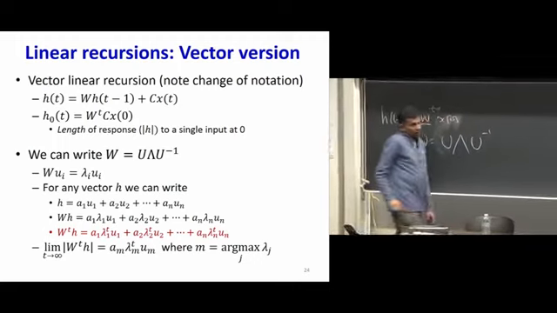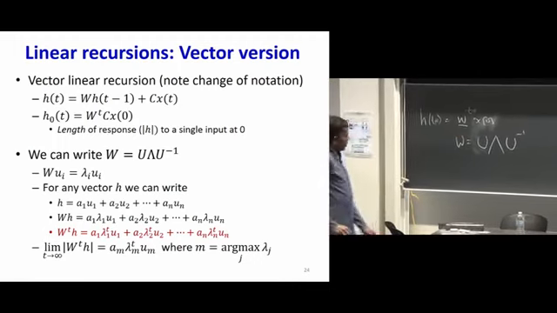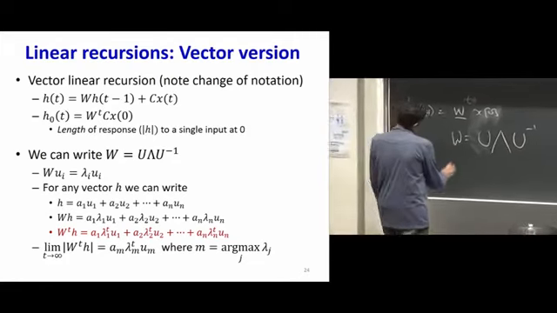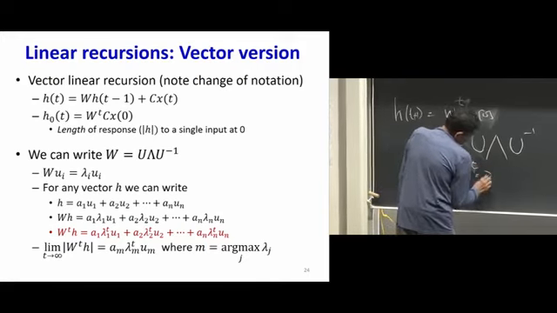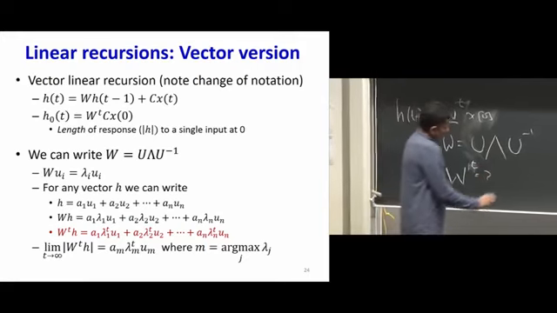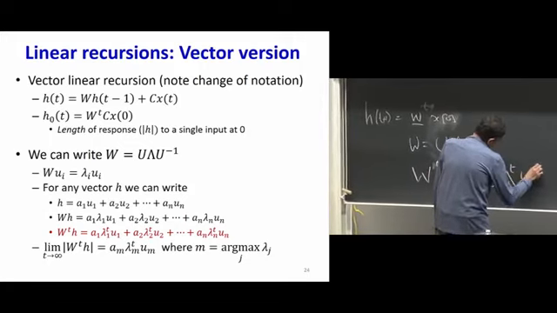It's transpose only if W is symmetric. So what is W raised to t? That's going to be U times lambda to the t times U inverse.